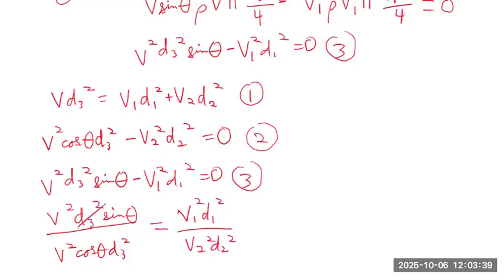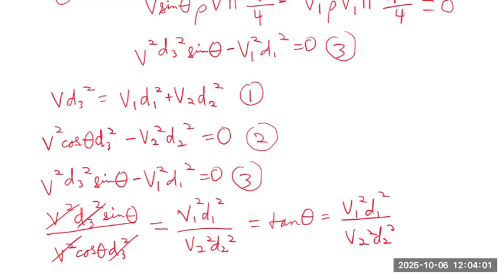Notice that the D3's cancel out as do the V squares, and this gives you tan theta equals V1 squared D1 squared over V2 squared D2 squared. And these all are known variables.